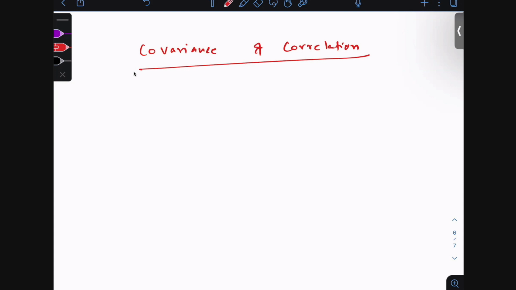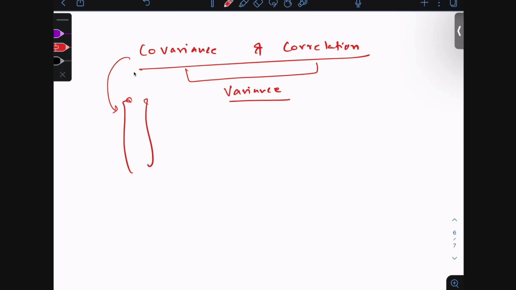First, both of them tell about the variance or the spread of the data. If I am given a set of data and I calculate the covariance or correlation, whatever metric comes out will talk about how spread out the data is. But there are differences.